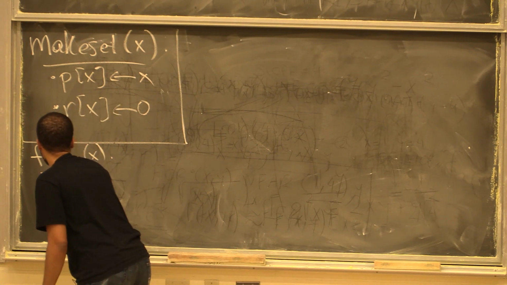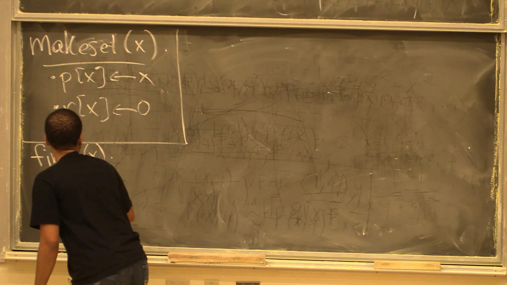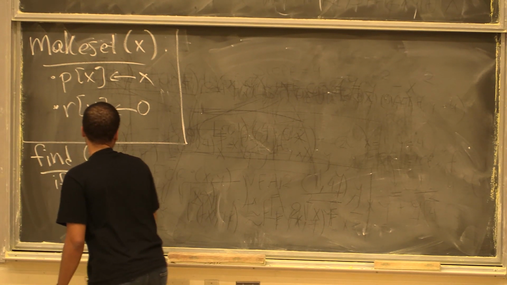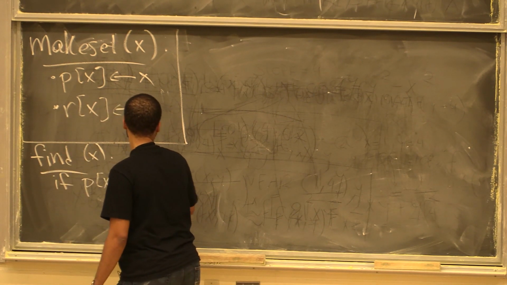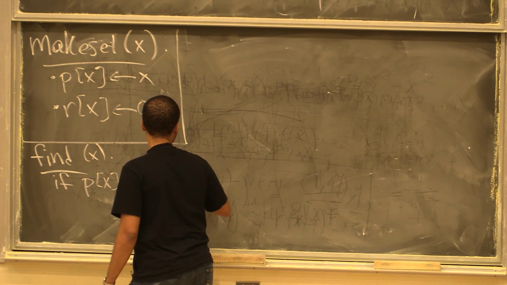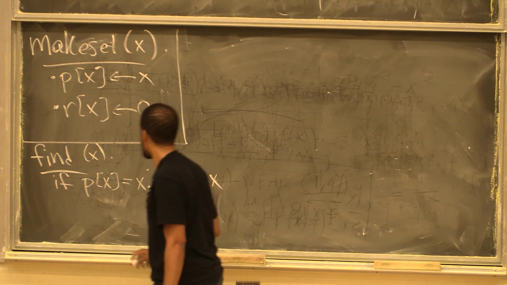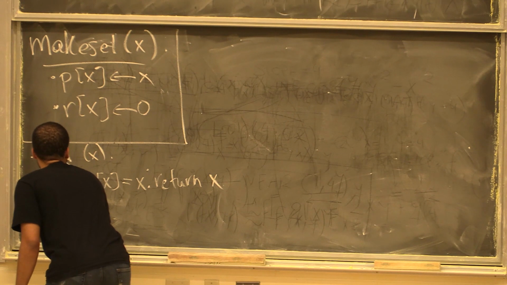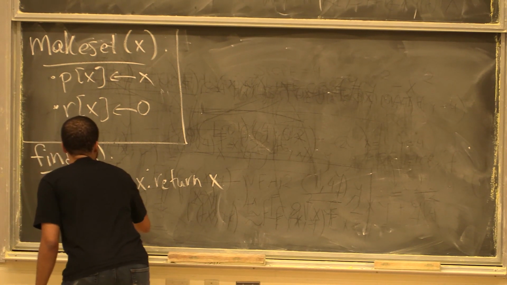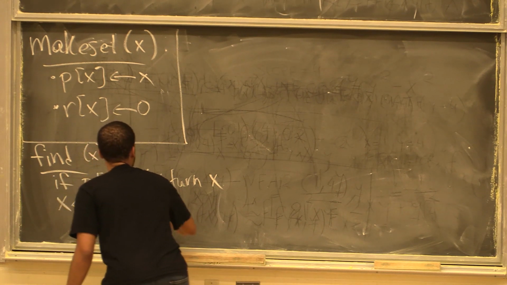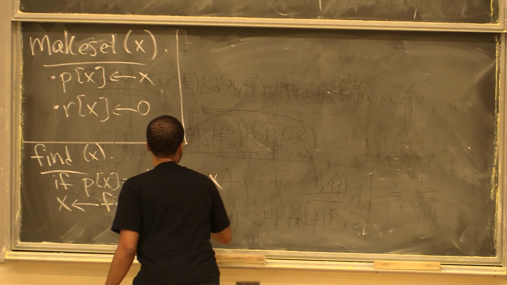So this is going to be some recursive code. If the parent of x is just equal to x, return x. Otherwise, x gets to be find applied to p of x.